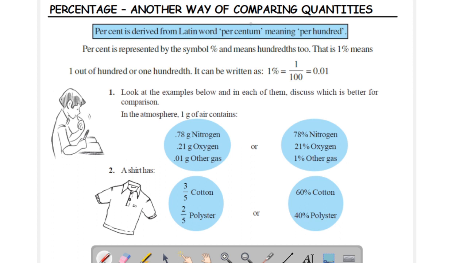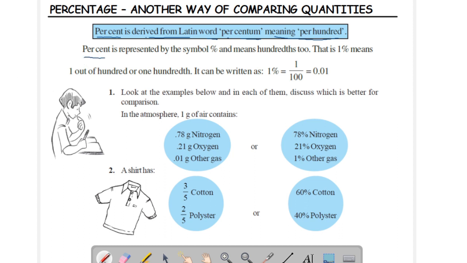That is another way of comparing quantities. Here, percent is derived from the Latin word percentum, meaning per hundred. Percent means out of hundred or per hundred.